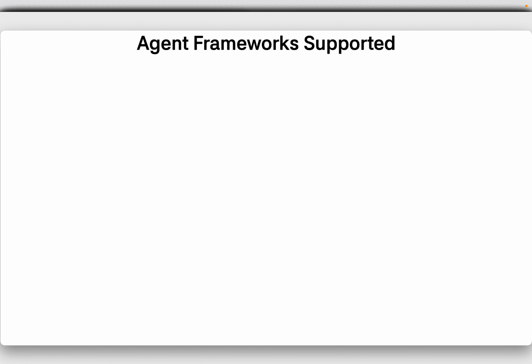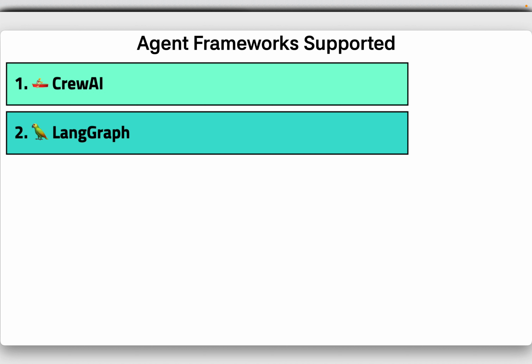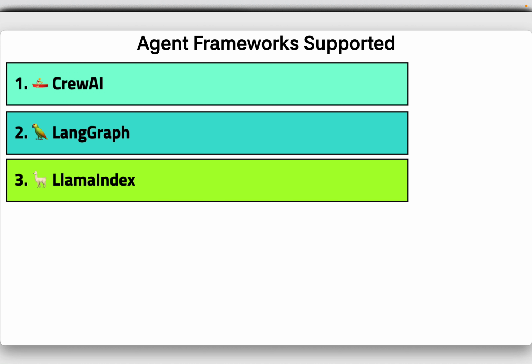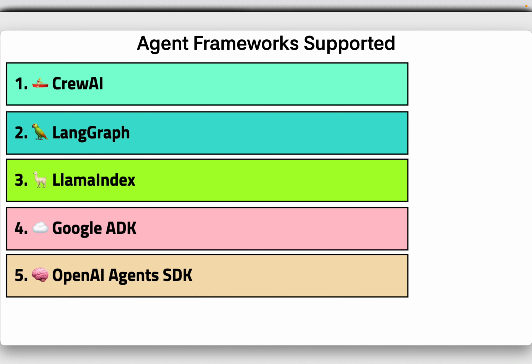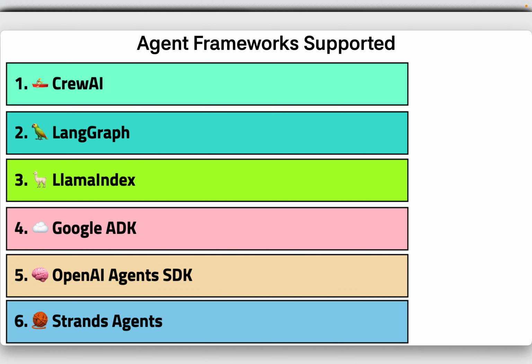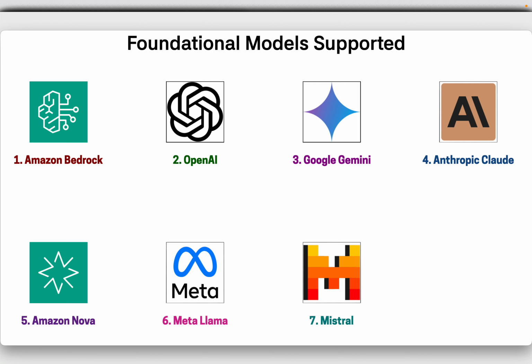So the agent frameworks which are supported are Crew AI, LangGraph, Llama Index, Google ADK, OpenAI Agents SDK, and Strands Agents. Foundational models supported are Amazon Bedrock, OpenAI, Google Gemini, Anthropic Claude, Amazon Nova, Meta's Llama, and Mistral.